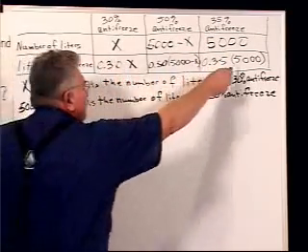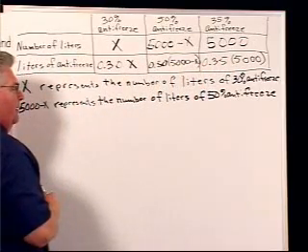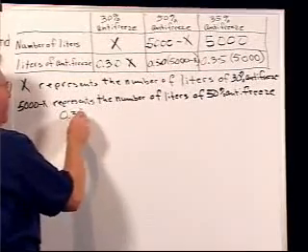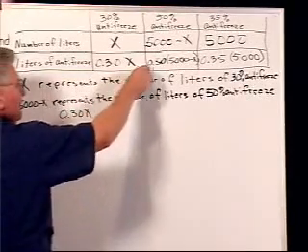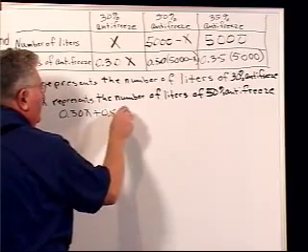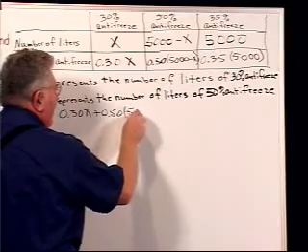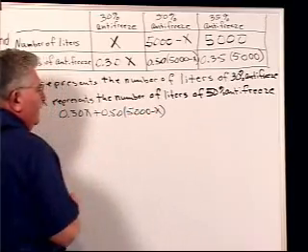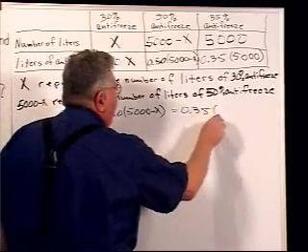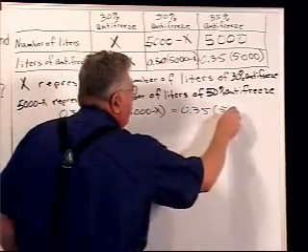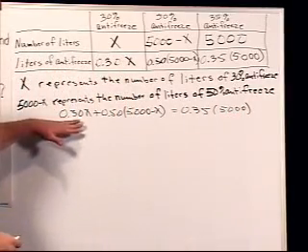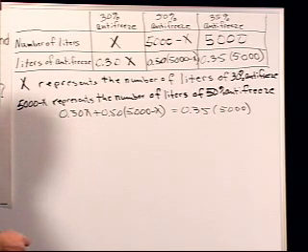So taking this bottom row of this chart, I can write my equation. I have 30 hundredths x plus 50 hundredths times the 5,000 minus x, and that equals 35 hundredths times 5,000. Here's my equation that will allow me to solve for the value of x.